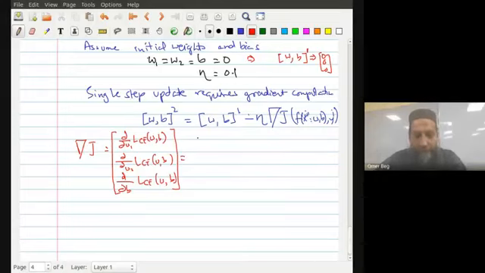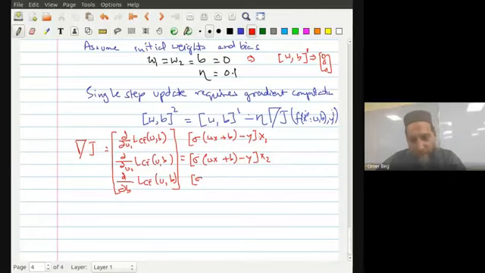If you recall, the gradient we computed for this was sigmoid of W dot x plus b minus y, multiplied by x1. Then the next would be sigmoid of W dot x plus b minus y multiplied by x2, and this would be sigmoid of Wx plus b minus y multiplied by 1, so I'll just leave it at that.